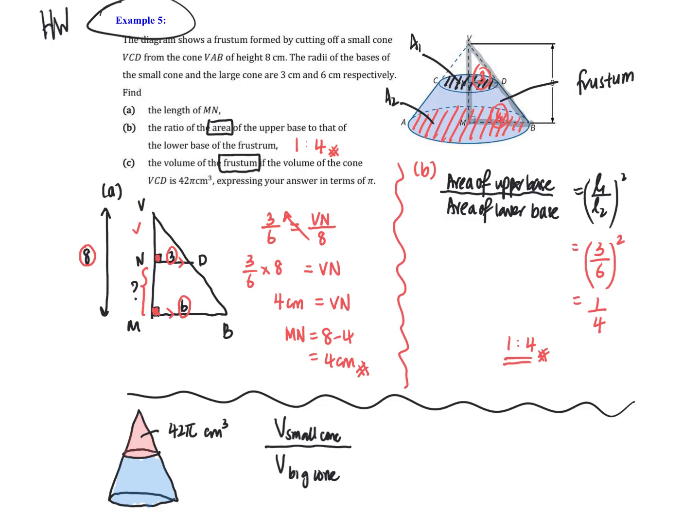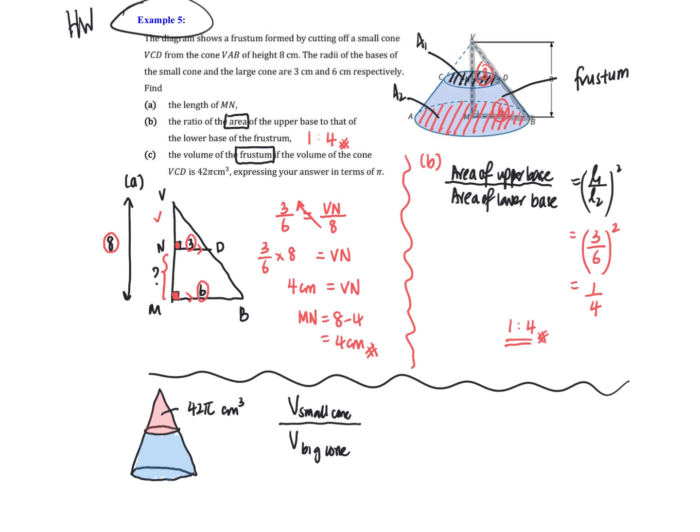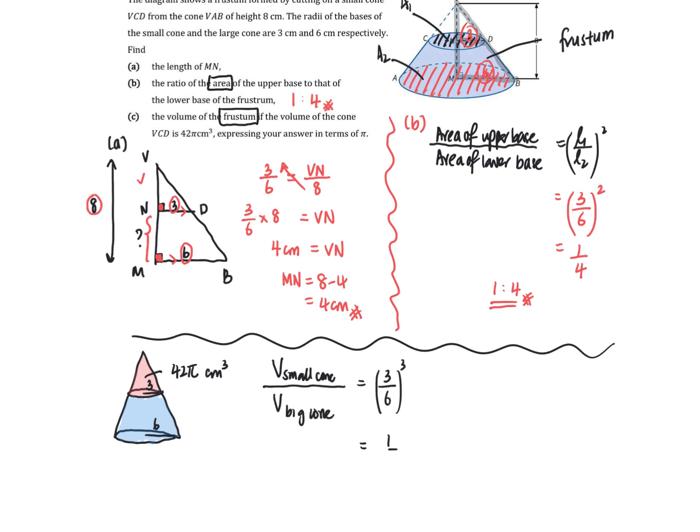Okay, where you chop a smaller cone from a big cone, the bottom part is called frustum. Okay, so volume of the small cone to the entire cone follows the ratio of one of the sides. So 3:6 again. But remember, because it's volume, we cube it. So the ratio is the cube of the ratio of one of the sides. So you get 1:8. So this small cone, it's 1 unit.